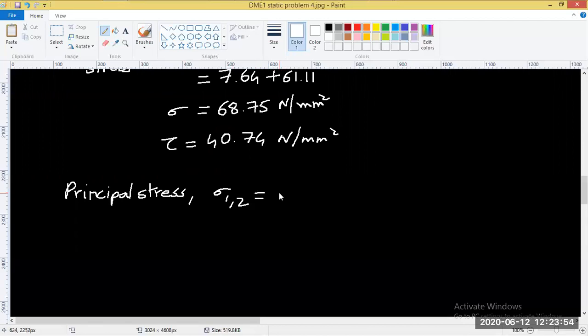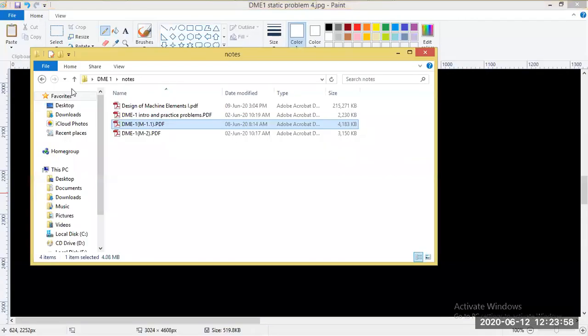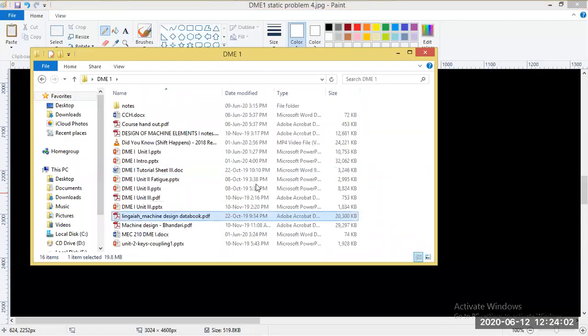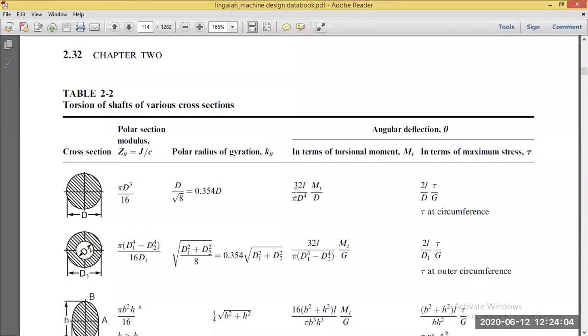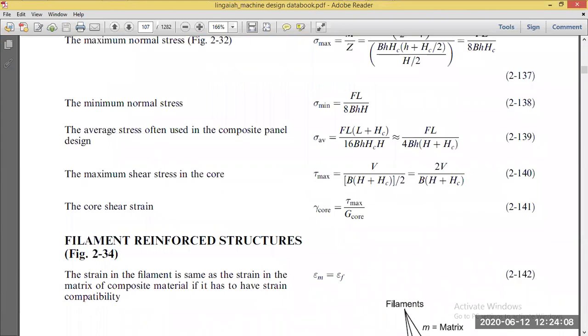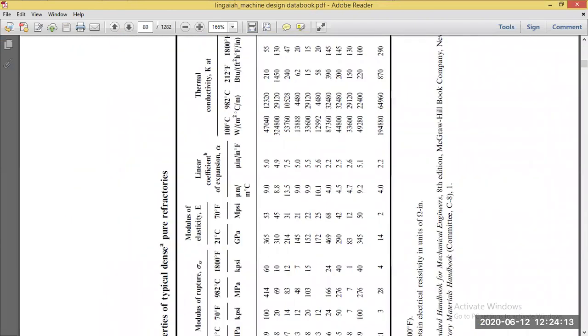So if you want, we can go back to the data handbook and I can show you what's happening there. Equation 2 point nearby 3, I guess, somewhere near 3.